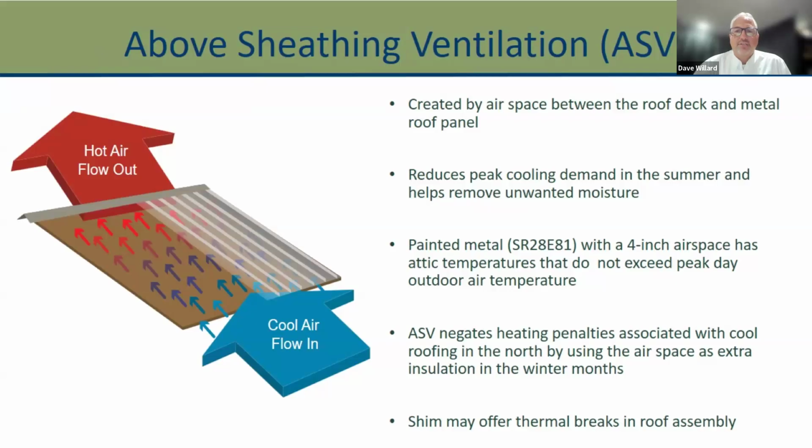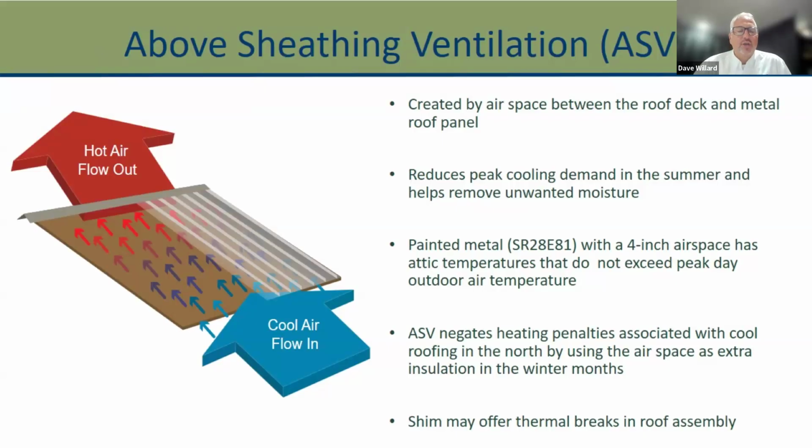They've done studies, and they said that a painted metal roof with a 4-inch airspace will have attic temperatures that do not exceed the peak outdoor air temperature. Now, I don't think you're going to get a 4-inch airspace in reality, but we know that even an airspace of 3/8 of an inch can drastically change that dynamic.